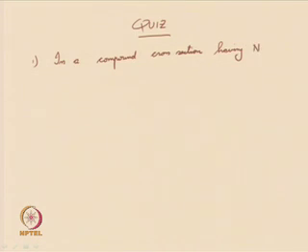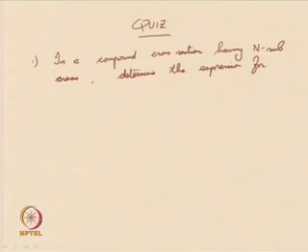The first question is, in a compound cross section having n sub areas, determine the expression for bed slope.